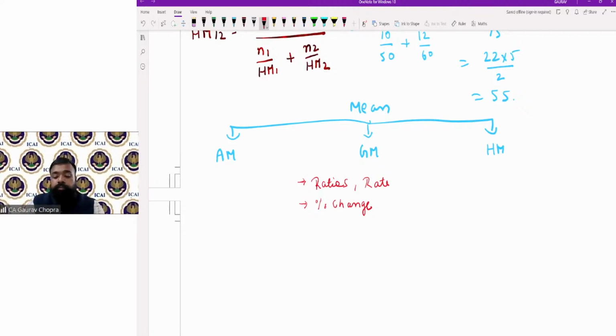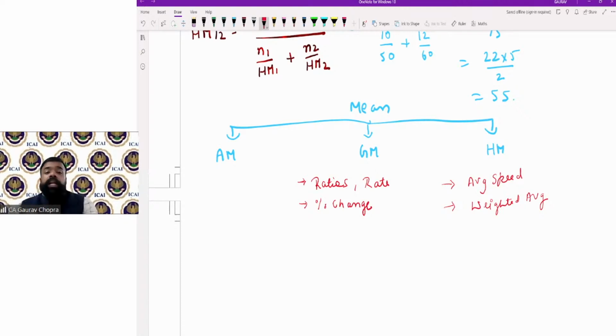Then harmonic mean. Harmonic mean is mainly used for average speed. जब आपको speed का average calculate करना है, then harmonic mean is better. And also this is used for finding weighted averages. Weighted average निकालने में भी HM help करता है.